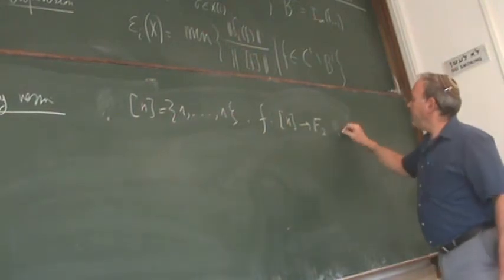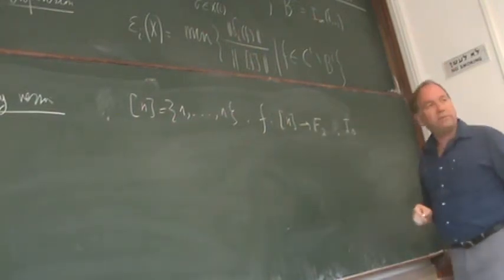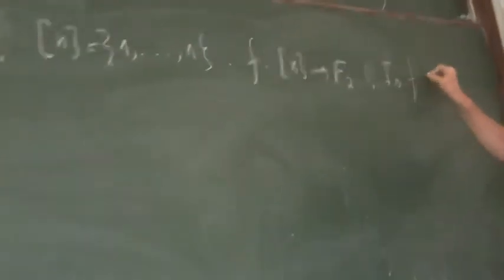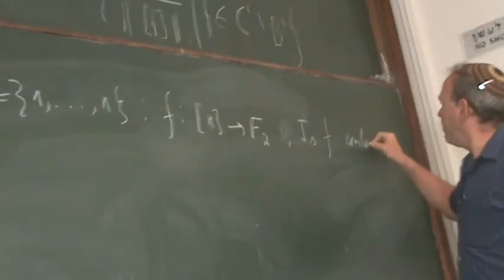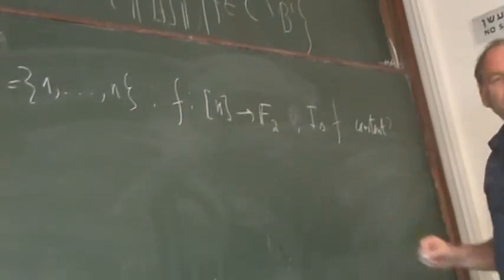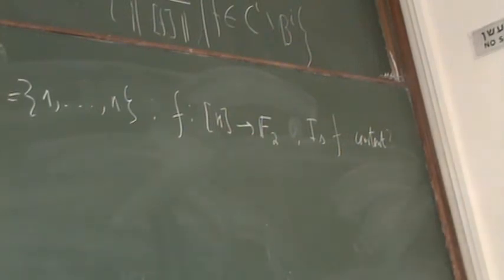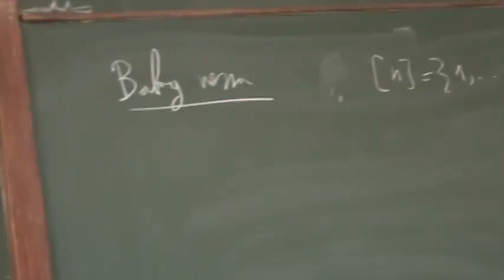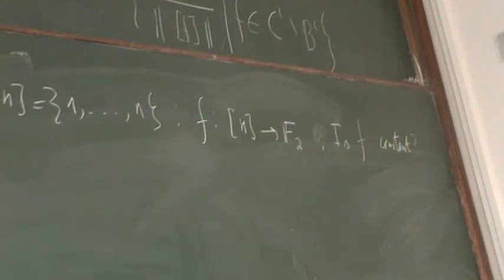And the question I will ask is: is f constant? Completely trivial question in some sense. I have a function on the set 1 up to n, and I want to check whether it's constant. Now, what will you do for that? Pick 2 and compare them. You will pick 2 and compare them.